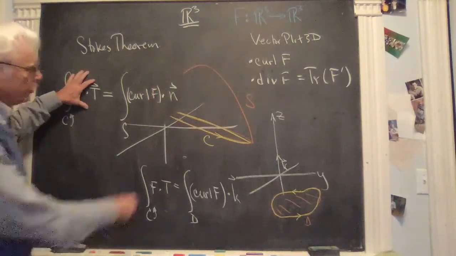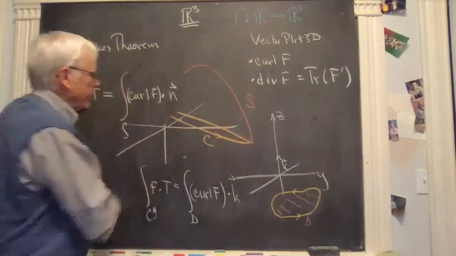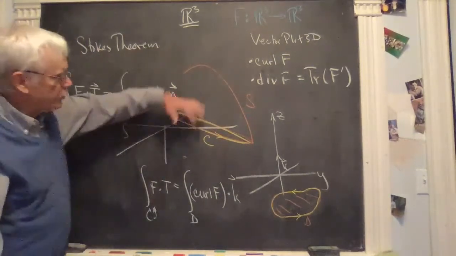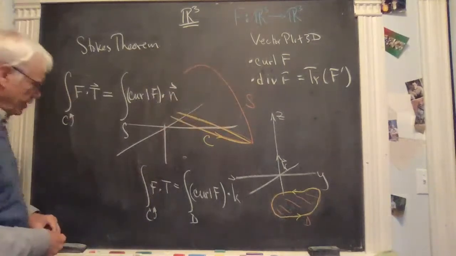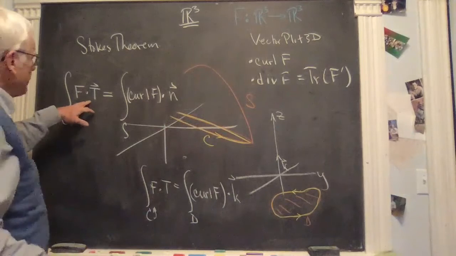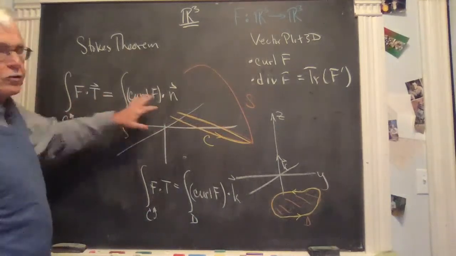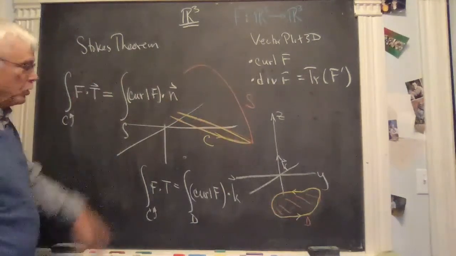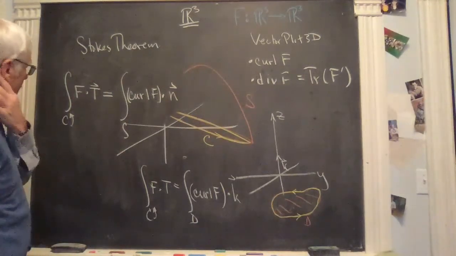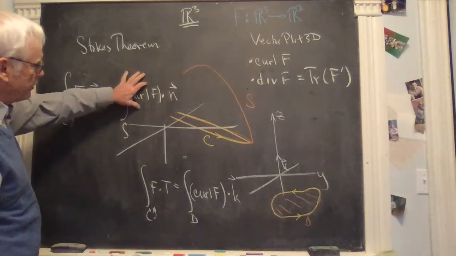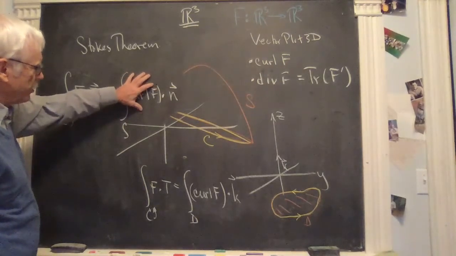The line integral on the bounding curve is equal to the flux integral of the curl over the entire surface. And in the problems I'll give you, some of the problems will just say verify this. So it's to compute a flux integral, compute a line integral, see that they're equal. Another one might be the curl, this is a more complicated formulation here.